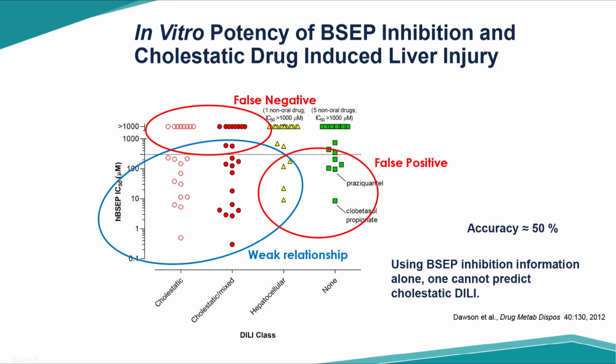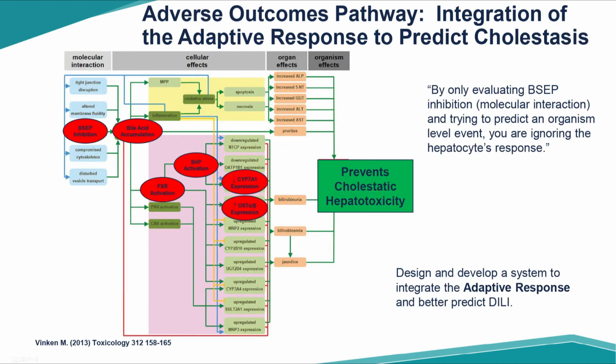And why is that? Michael Binken was coming out with some of these publications and began talking about adverse outcome pathways. BSEP inhibition is over here at the molecular level, and we're trying to predict something all the way over here.